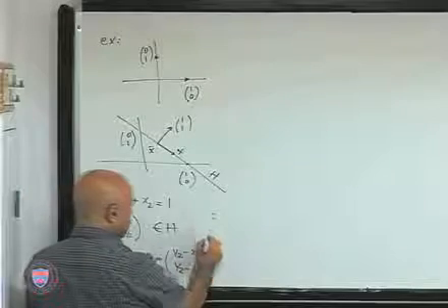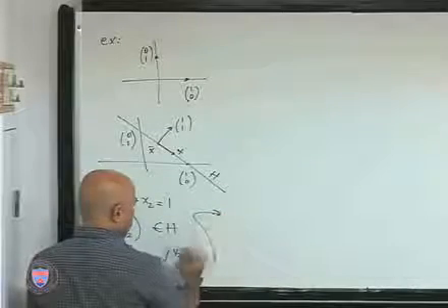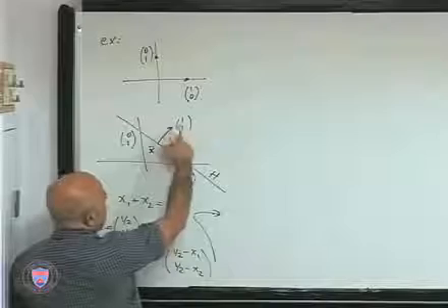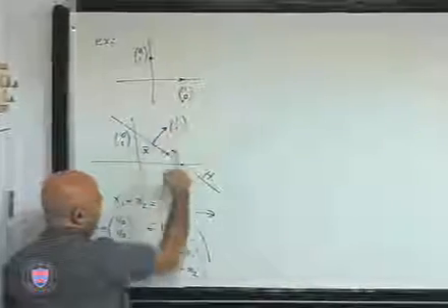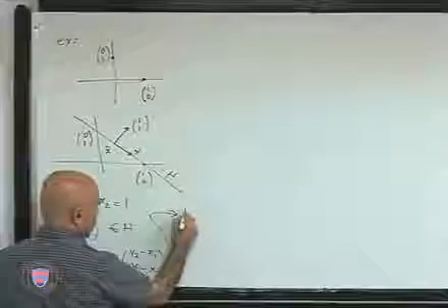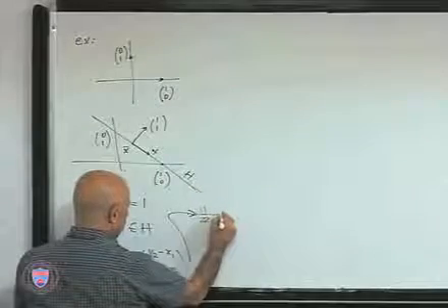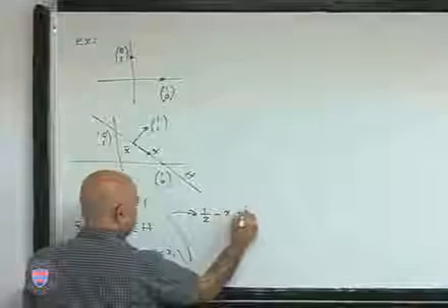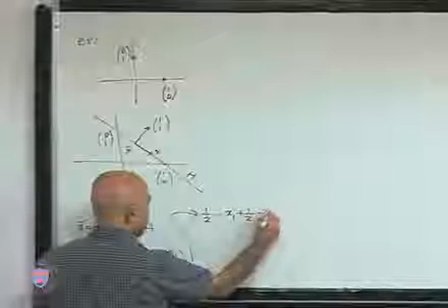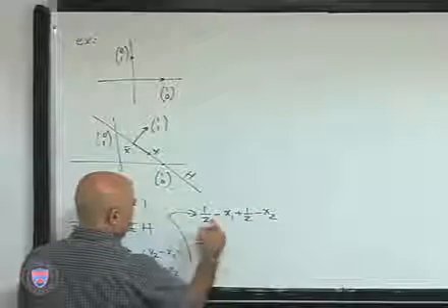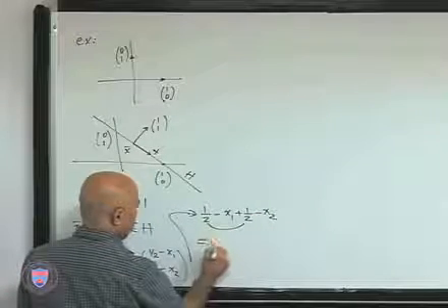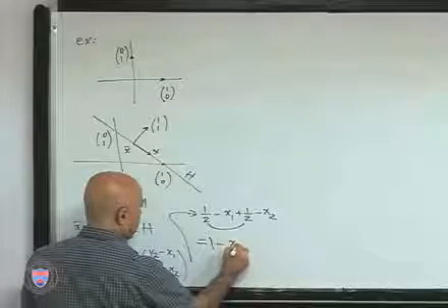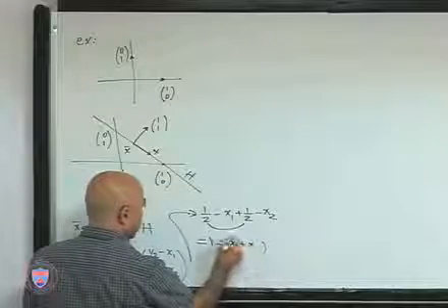It is. Because if you look at the dot product of the normal 1, 1 with this vector, you get 1/2 minus x1 plus 1/2 minus x2. And that's equal to 1 minus x1 plus x2.